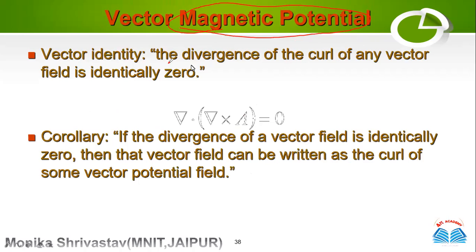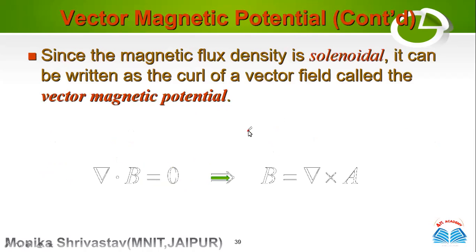By vector identity, the divergence of the curl of any vector field is identically zero. If the divergence of a vector field is identically zero, then that vector field can be written as the curl of some vector potential field. If the divergence of any quantity is zero, then that quantity can be written as the curl of some other quantity. This is the corollary.